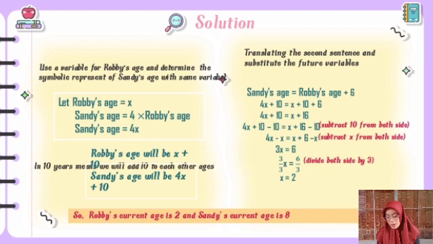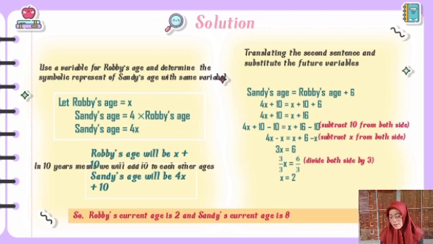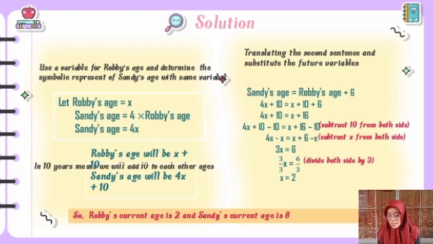Use a variable for Robbie's age and determine the symbolic representation of Sandy's age with the same variable. Let Robbie's age be x and Sandy's age is 4 times Robbie's age. So Sandy's age is 4x.